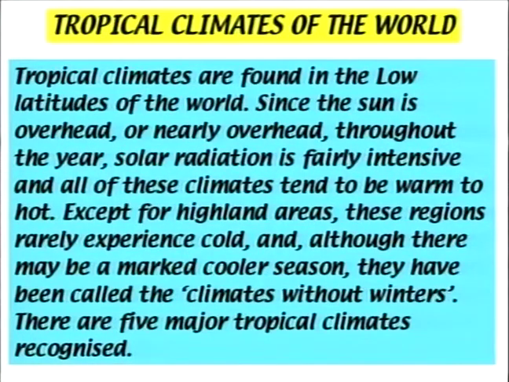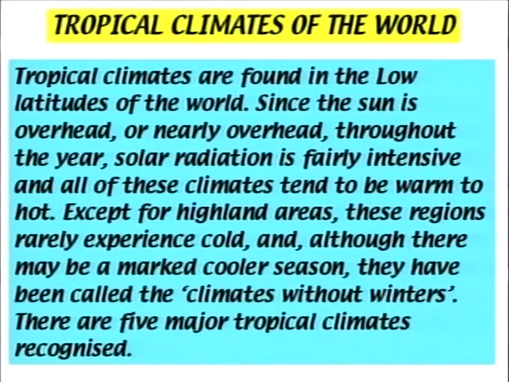For those tropical climates, since the sun is overhead or nearly overhead throughout the year, solar radiation is fairly intensive. And therefore, all of these climates that are found within the tropical areas tend to be warm to hot. Except for highland areas within the tropical regions, these regions rarely experience cold. And although there may be a marked cooler season, they have been called the climates without winters.